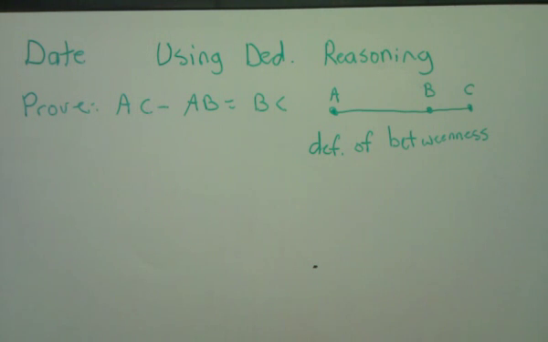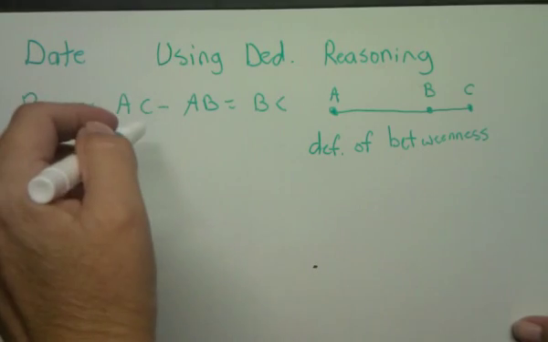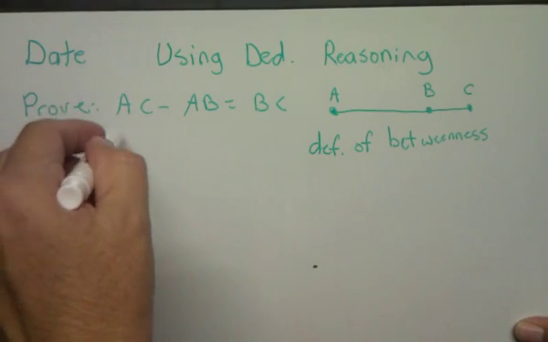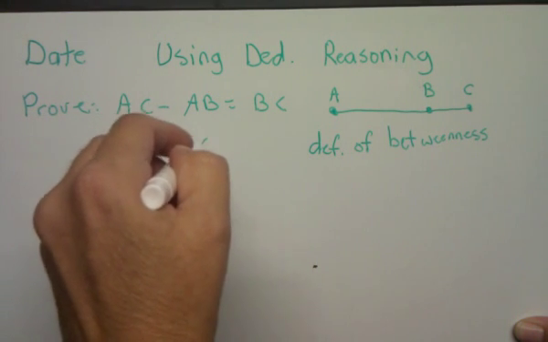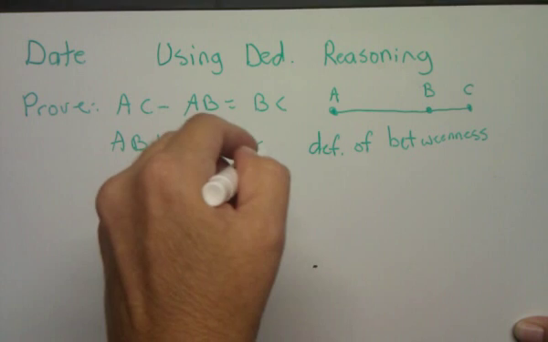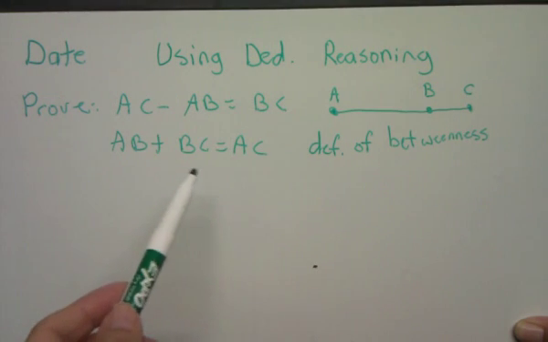Since the statement is an equation, this tells me that AB plus BC equals AC. This is the definition of betweenness.